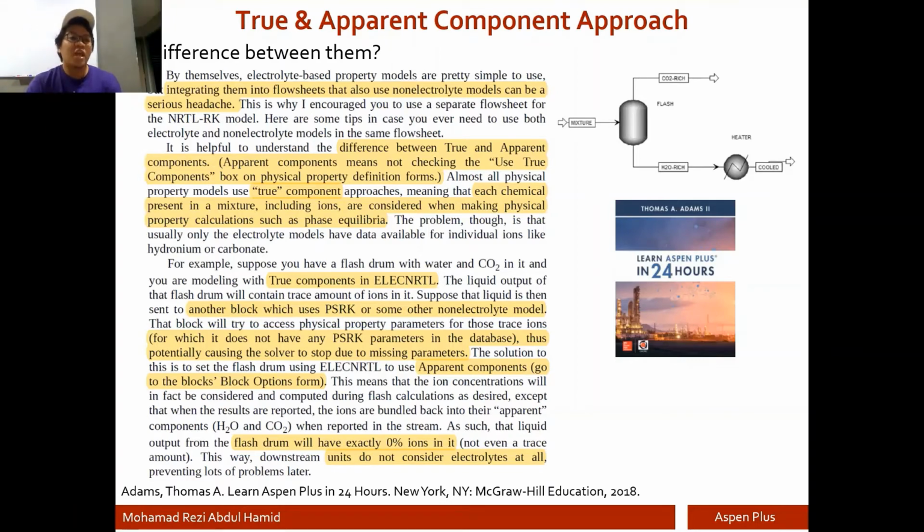On the other hand, when you select the apparent component approach, Aspen Plus will still consider the pure components, ions, and solvent that are present in your thermodynamic system when it does the chemical and phase equilibrium. But when the simulation has converged, Aspen Plus will not report the flow rate of the ions.